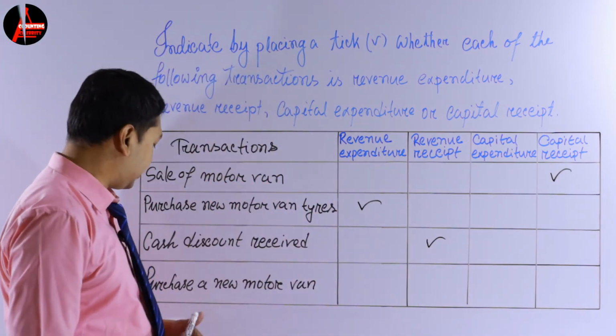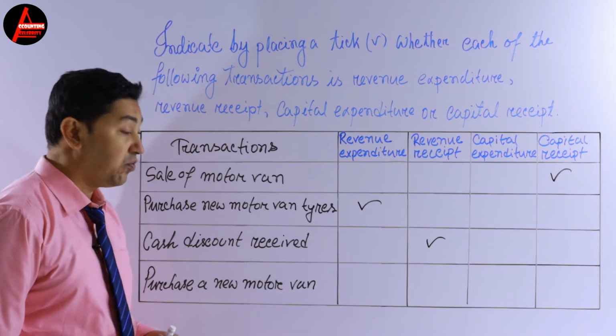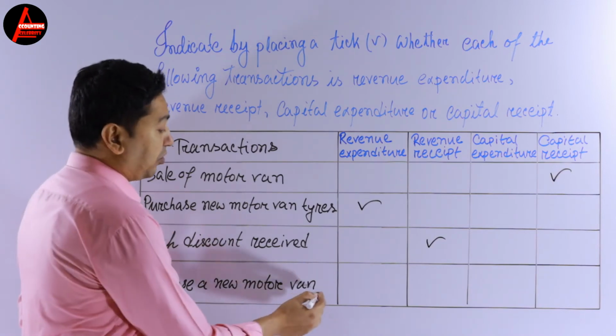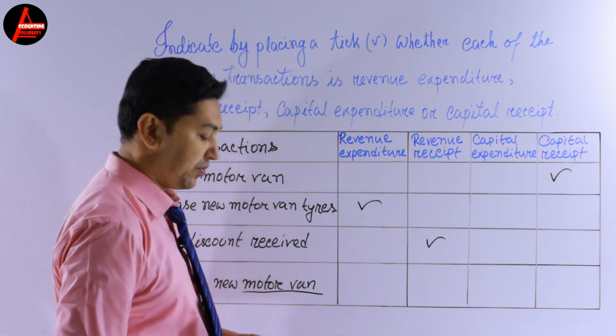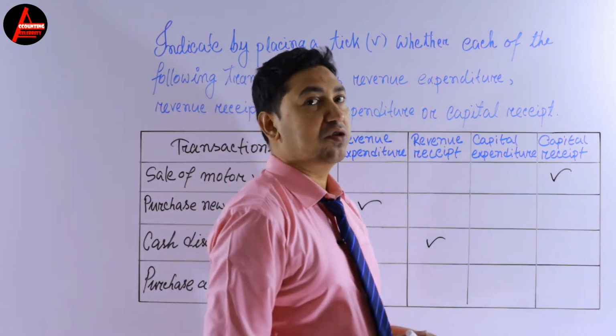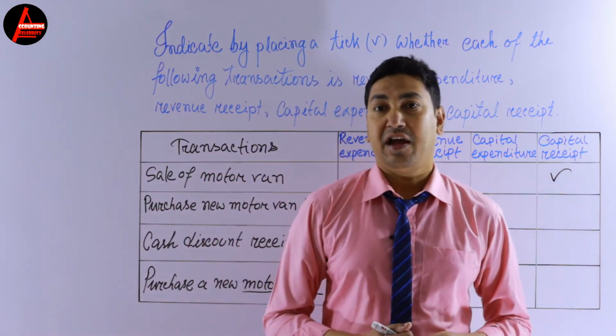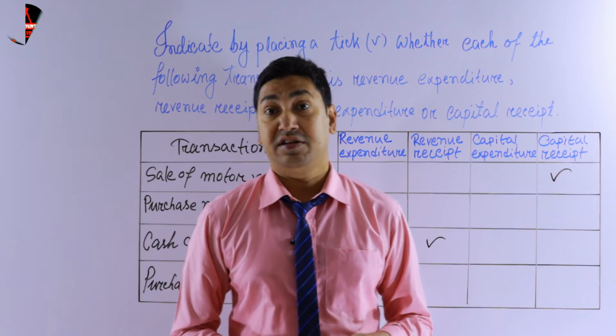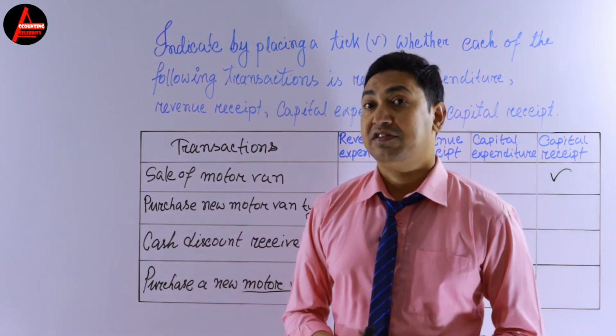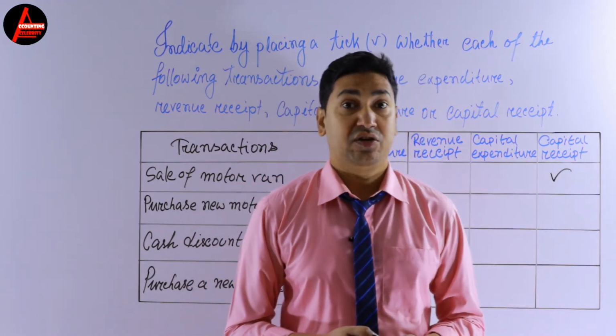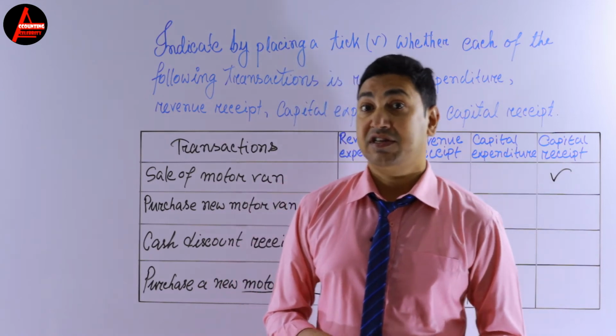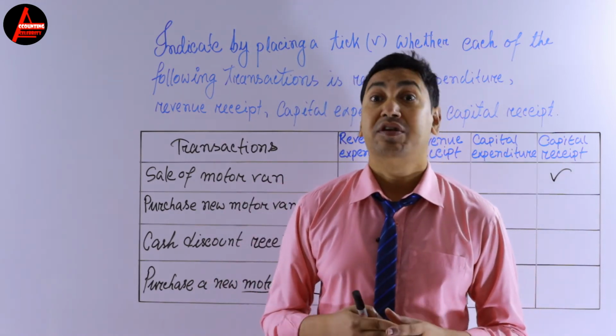Okay, last one here, purchase a new motor van. So a motor van is purchased for the business. What is a motor van? It is a non-current asset. Yes, so a non-current asset is purchased. This asset will stay in the business for a long time, more than 1 year.